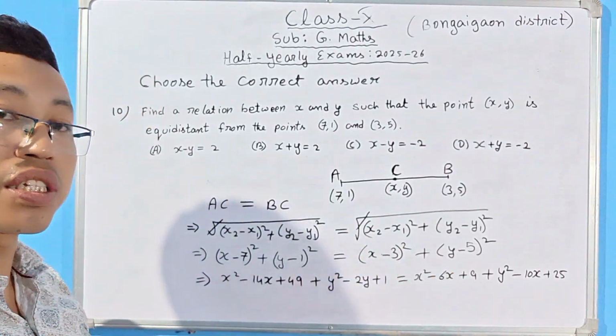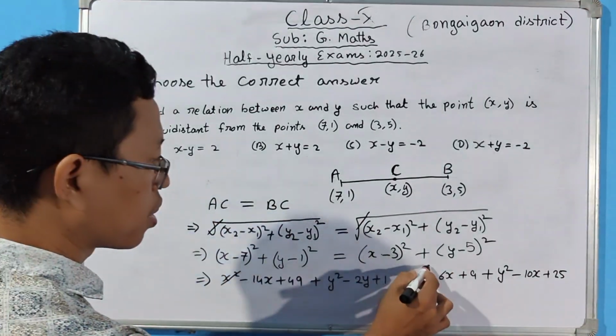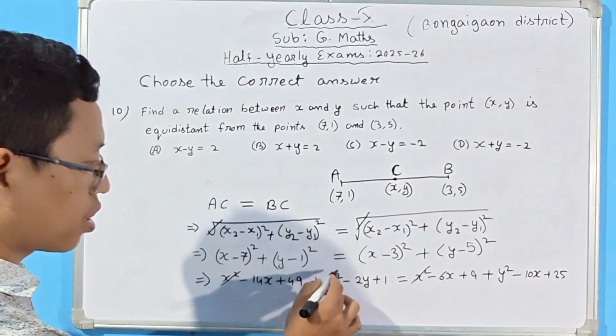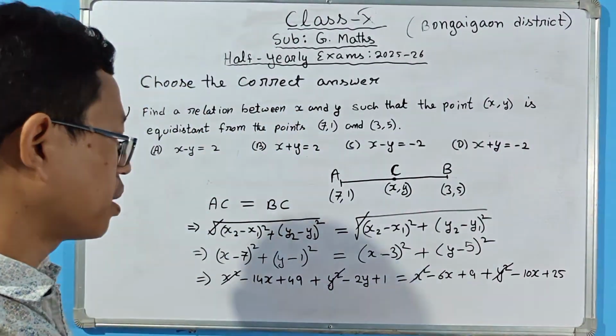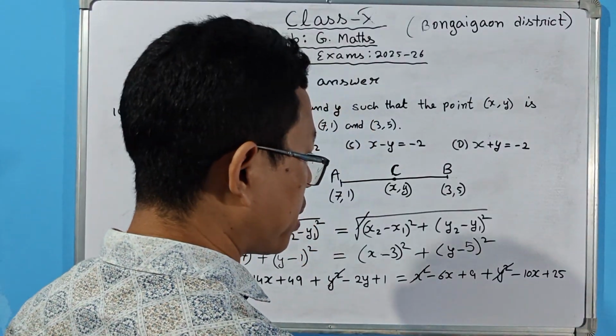So what we see is the same thing, we can cancel it: x square cancels, y square and y square cancel, and we have the remaining terms.